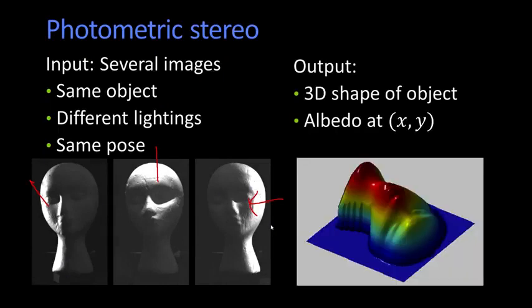And what we want to get out is this, right? Z as a function of X, Y. And unlike traditional shape from shading, with enough lights and careful calibration, we can also recover the albedo, the reflectance function at every point. So now we don't have to make this overly restrictive assumption that the color or the reflectance of the object is the same everywhere. We're allowed to let it vary.